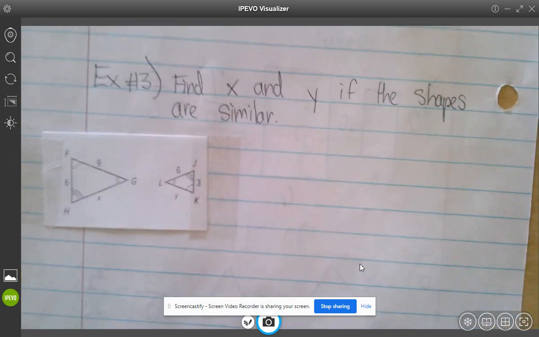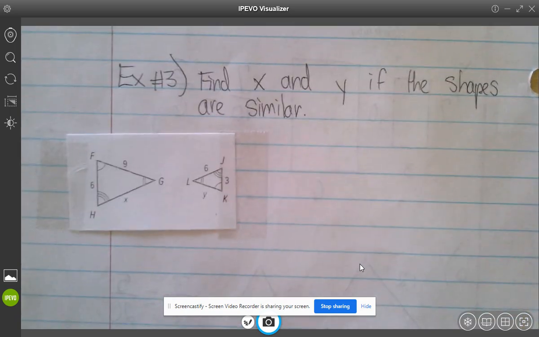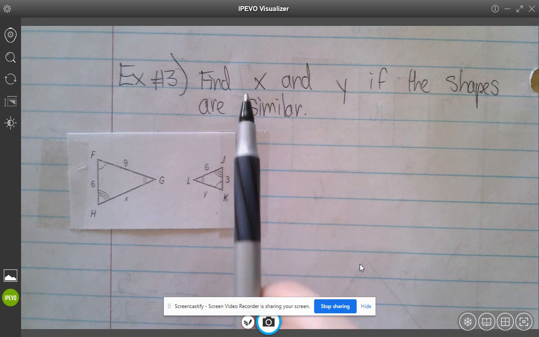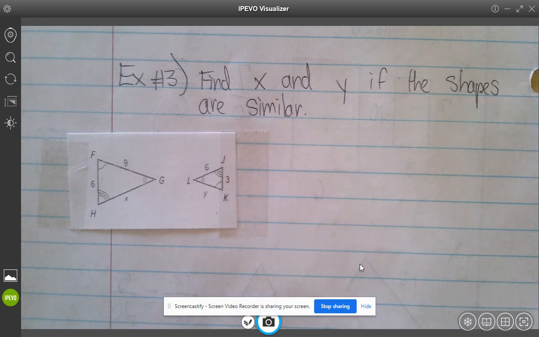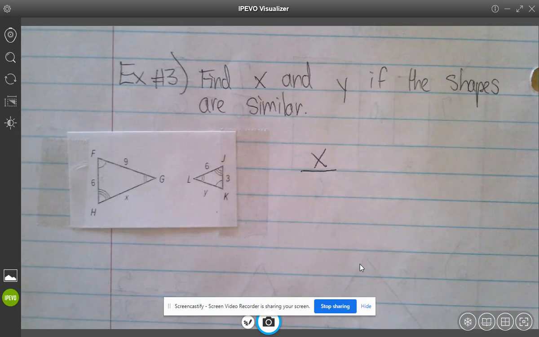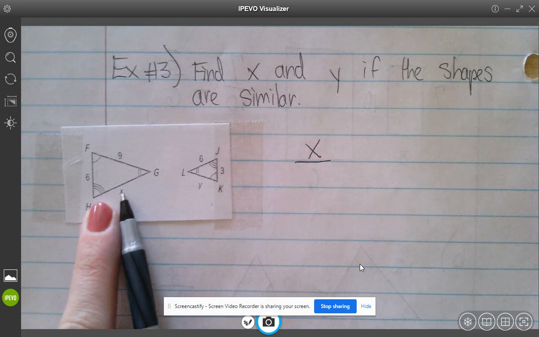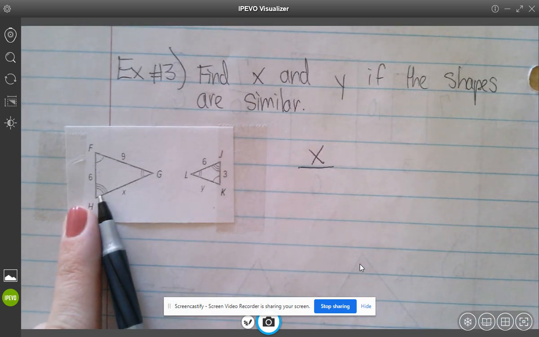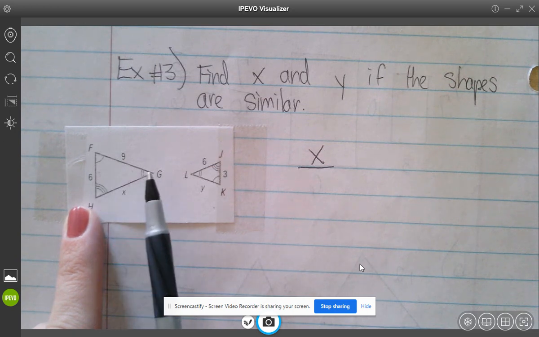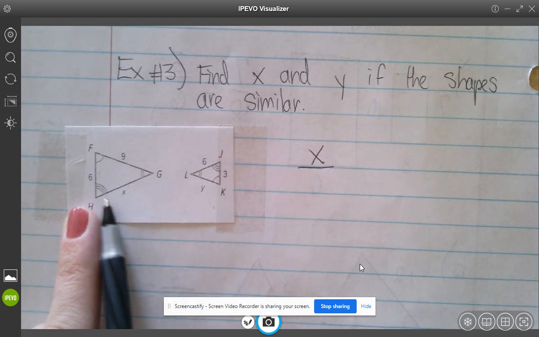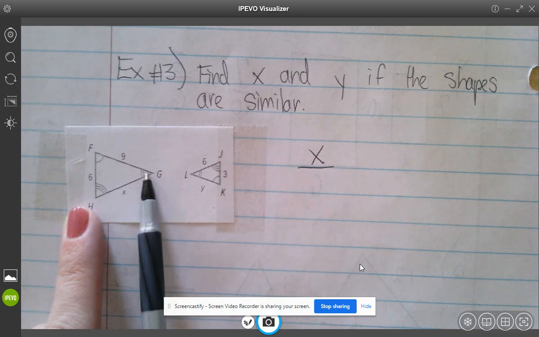Okay, here's this one. Find X and Y if the shapes are similar. So first we have to find X and get an answer, then we can do another set and do Y. We can't find X and Y at the same time. So we're finding X first. I'm going to put that on top. See, X corresponds with, a lot of people want to think Y, but what's happened to my shape here? It's been reflected and rotated, it looks like, because see how I have 3 arc marks here and 2 here?